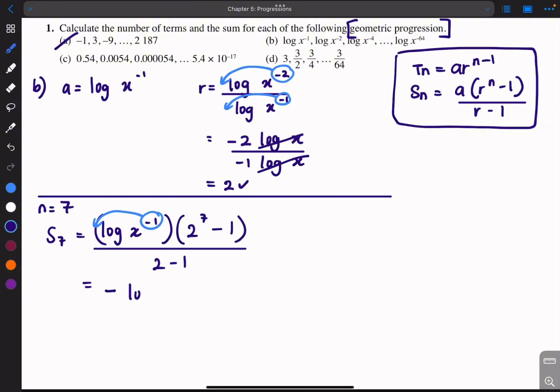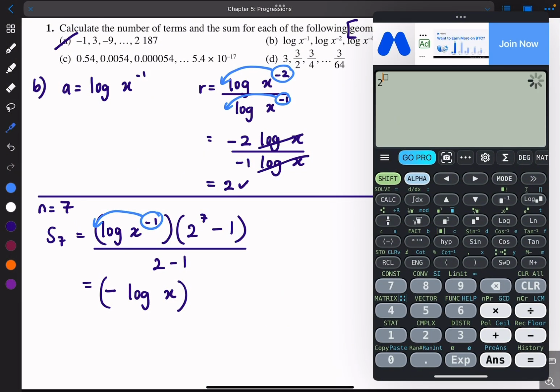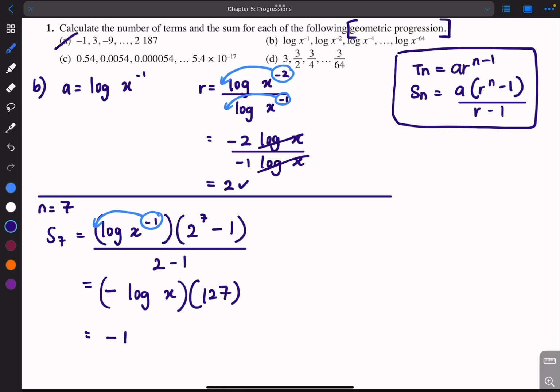We get negative log x, 2 to the power of 7 should be 128, minus 1 will be 127. So this will be 127 divided by 2 minus 1 is just 1. So over 1 no need to write. And then we can write this as negative 127 log x. So this will be our S7, the sum of the first 7 terms.